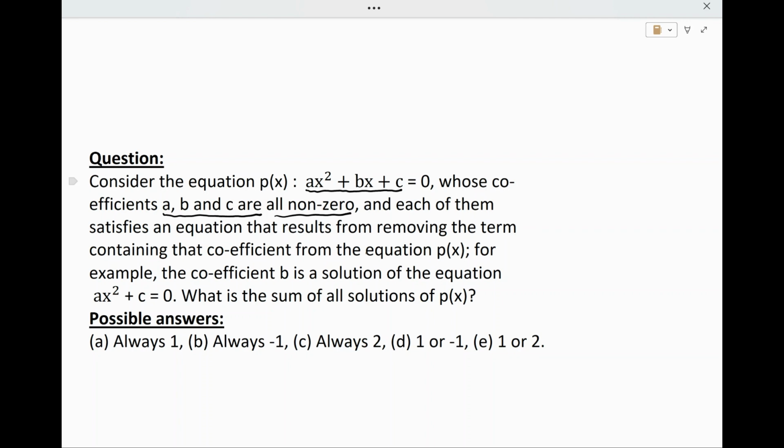For example, the coefficient b is the solution of the equation ax² + c.